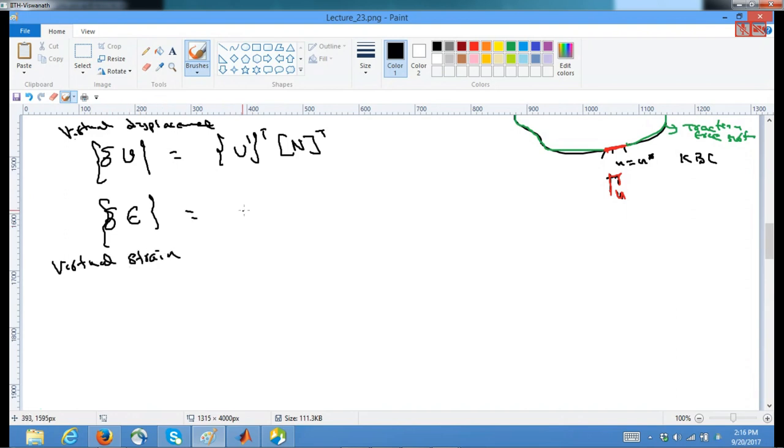This would follow the same thing, so which would be U dash transpose B transpose.